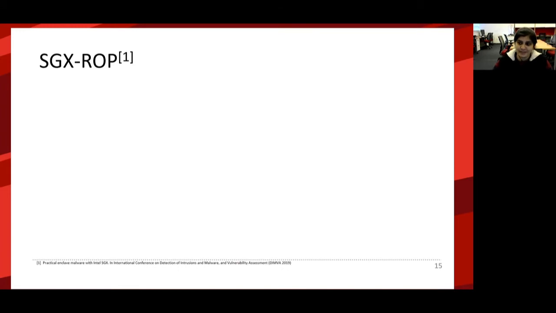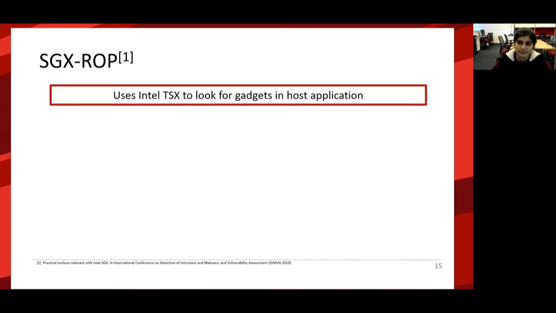So SGX ROP is actually one of the first published code reuse attacks that consider a malicious enclave. SGX ROP uses Intel's transactional memory, which is TSX, to look for gadgets in the host application.